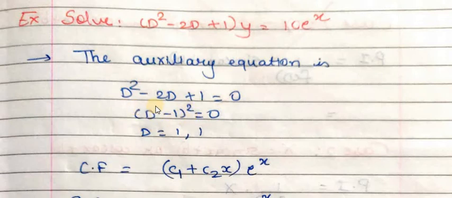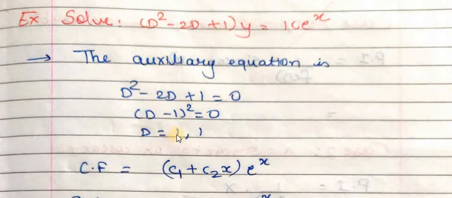If you have a square minus 2ab plus b square, it will become a minus b the whole square. In this case, the value of a is D and the value of b is 1. So it will become D minus 1 the whole square equals 0. So we have two factors, D minus 1, D minus 1, and two values of D. One is 1 and the other is 1. So here we are getting repeated values of D.